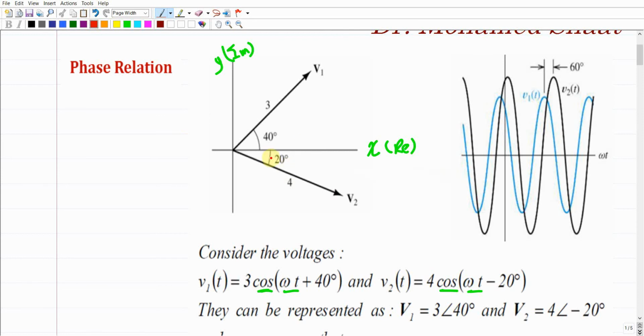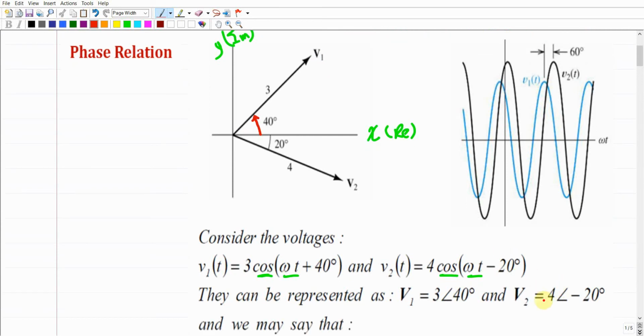Starting from the x-axis, rotating in the counterclockwise direction, as long as this angle is positive, you rotate counterclockwise to end up with the V1 vector. You're drawing a vector, because as we mentioned in the previous video, the phasor is like a vector. So how about V2? V2 has a magnitude of 4. It means that the length of this line should be a little bit longer.